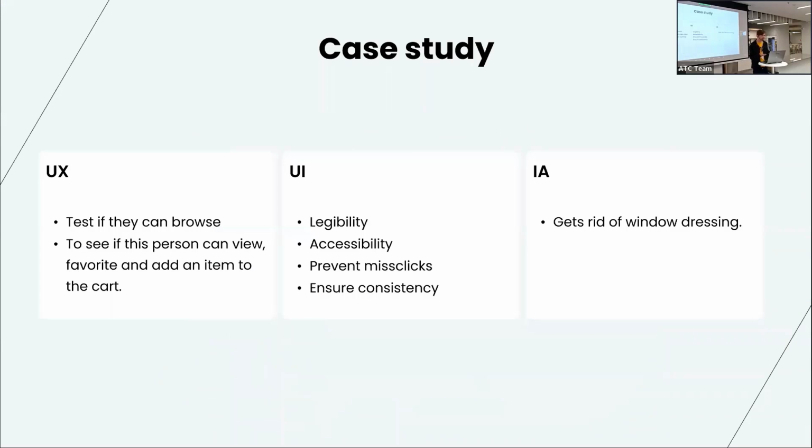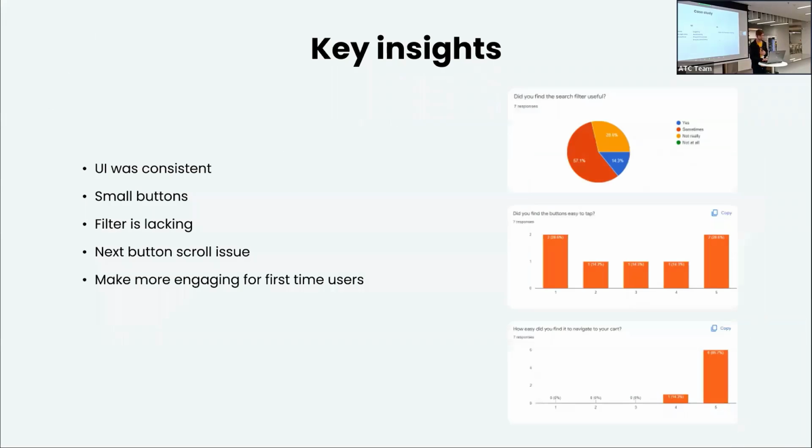I tested the UX, the UI, and the information architecture. For the UX, I tested if they can browse and if the person can view and add items to their cart. I tested the UI, so the legibility and accessibility. I want to prevent misclicks, and I want to ensure that the app is consistent throughout. And information architecture is to check what the users want, don't want, and where they want it.